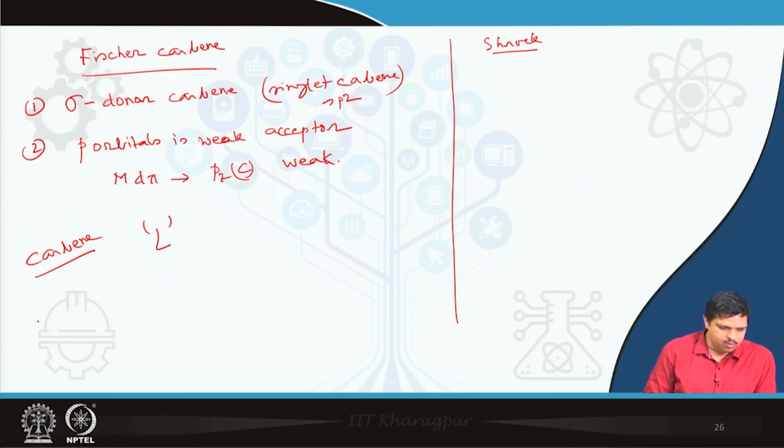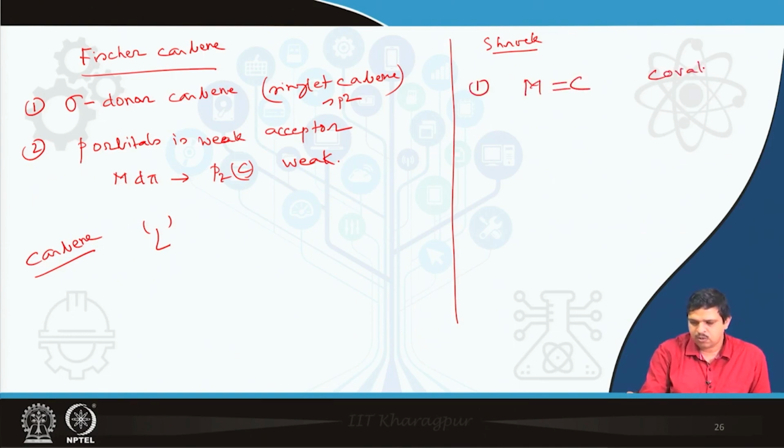Now in the Schrock carbene you will see that the M double bond C is like two covalent bonds. Okay, in the Schrock carbenes.